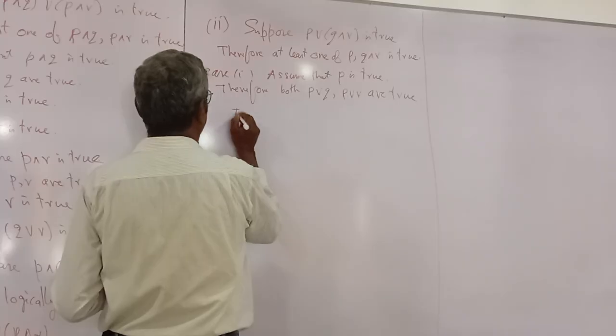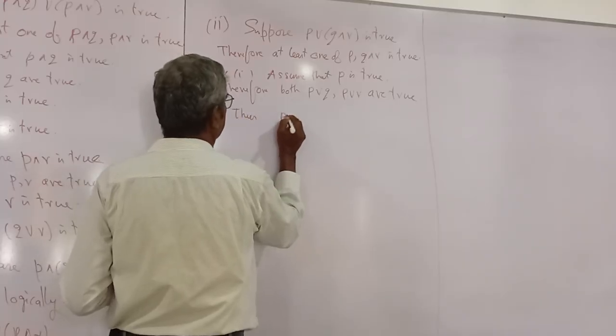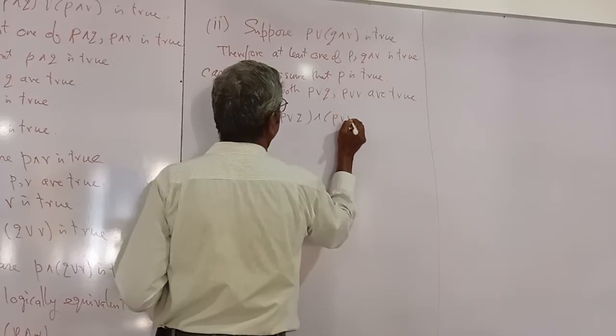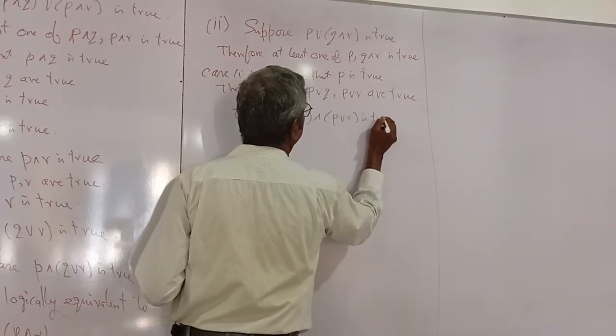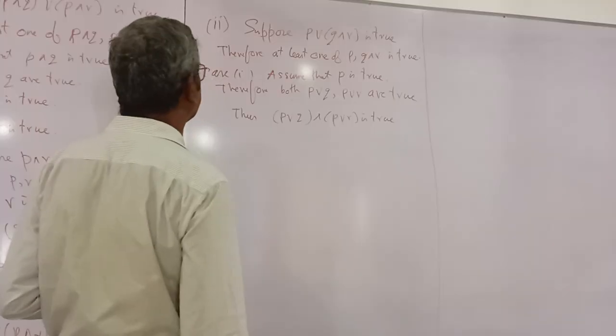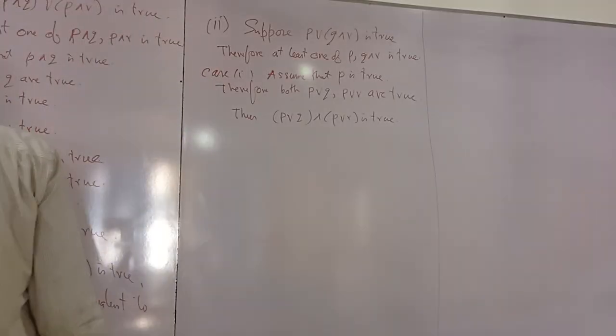Thus, P or Q and P or R is true. Okay, so in case 1 we have proved it, P or Q and P or R.